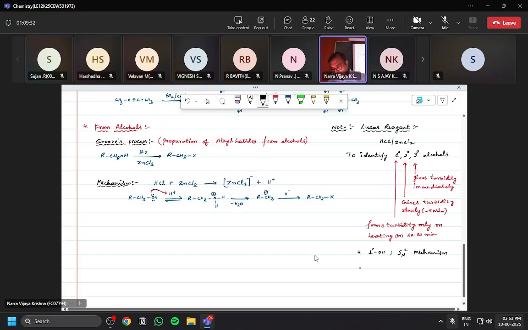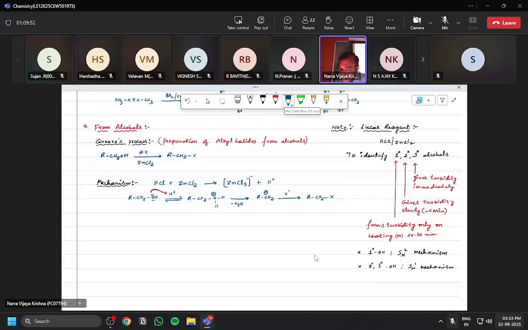If it is either secondary or tertiary alcohol, then the reaction prefers to undergo SN1 mechanism, because within Lucas test there will be formation of carbocations, whereas primary carbocations are unstable, therefore they are not preferred to form. That's why I need to wait 20 to 30 minutes in order to make the product. Clear? Any questions in it?